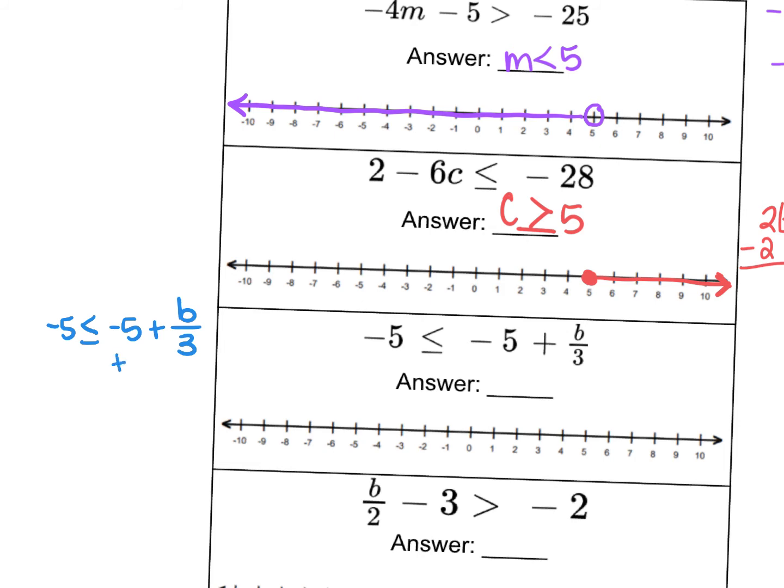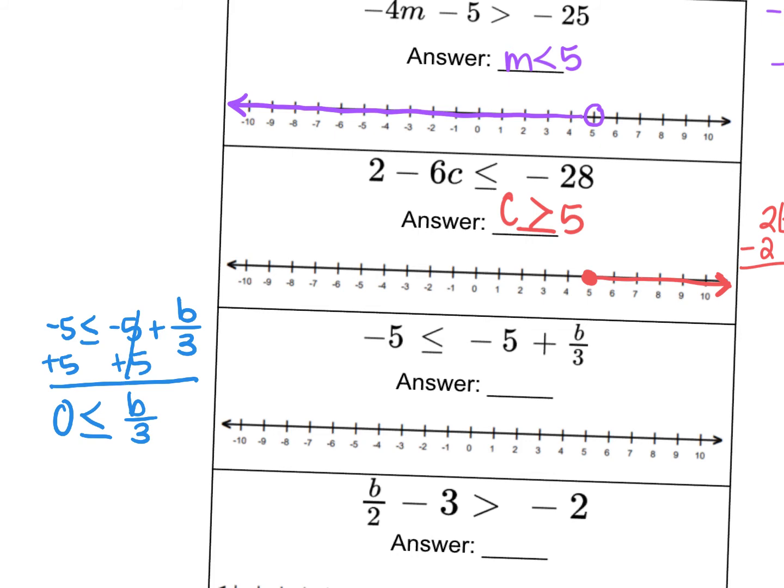So I'm going to say plus 5 on both sides. So now this gives me 0. Well, it happens to be the same over here, so this is also going to give me 0. This 0 I'm going to write down is less than or equal to b over 3. It was plus b over 3, so that makes it positive.